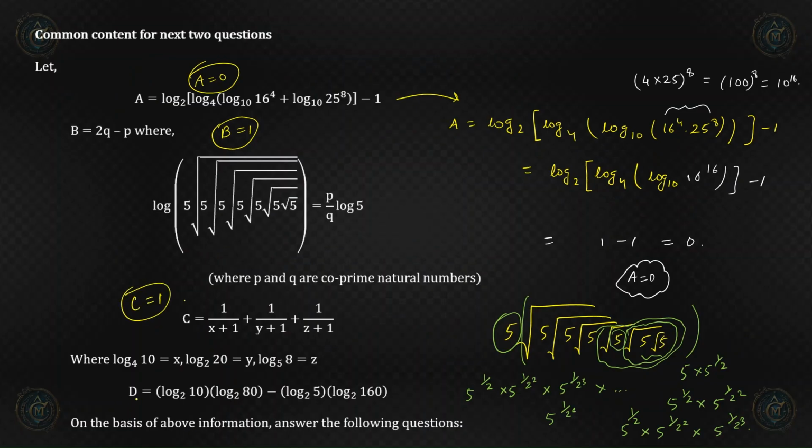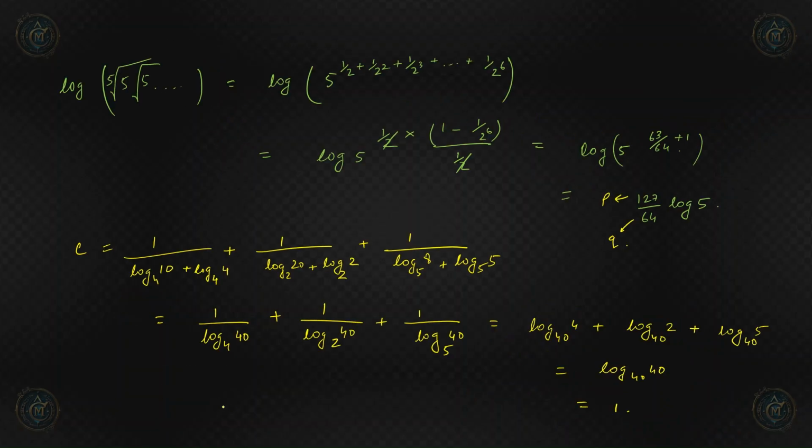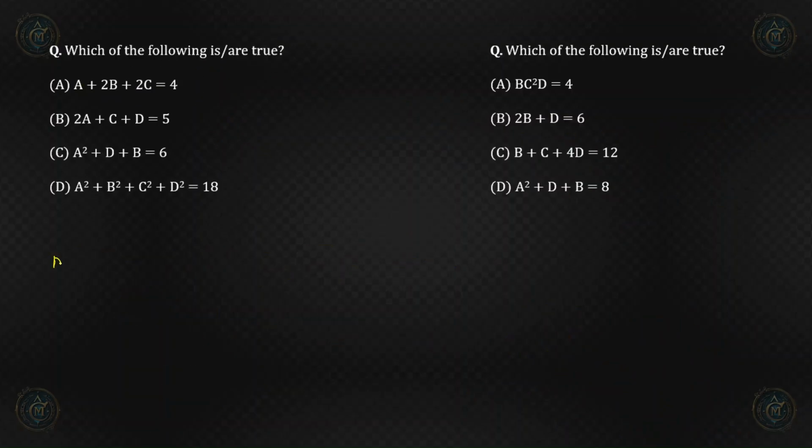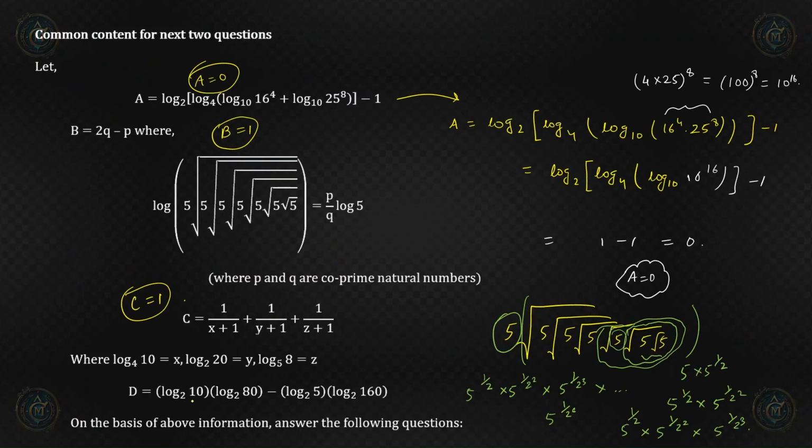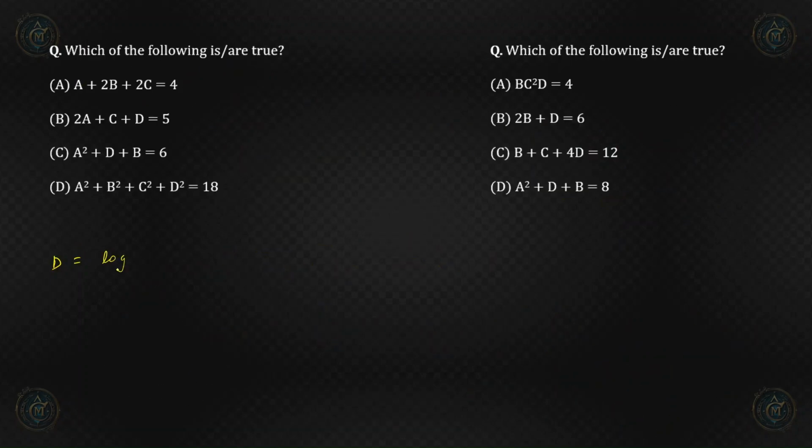Now let us calculate this d here. So d is what? Let us calculate this here. d equal to log 10 base 2 times log 80 base 2 minus log of 5 base 2 times log of 160 base 2. Okay, so first of all we decompose this log 10 base 2 in terms of 1 plus something.